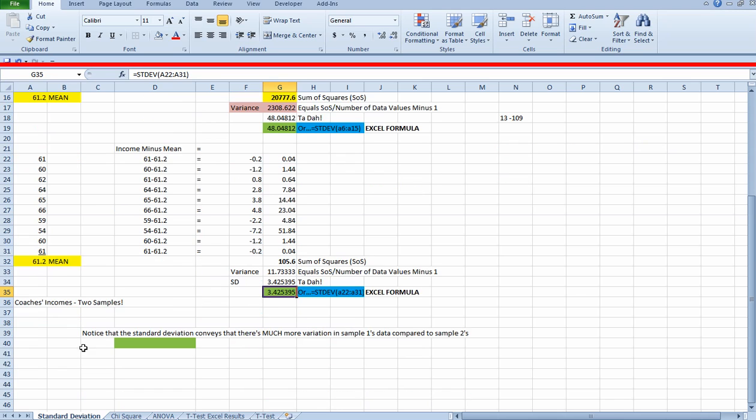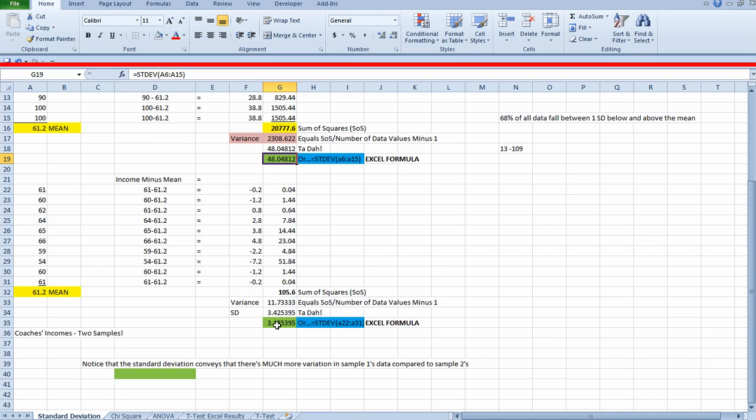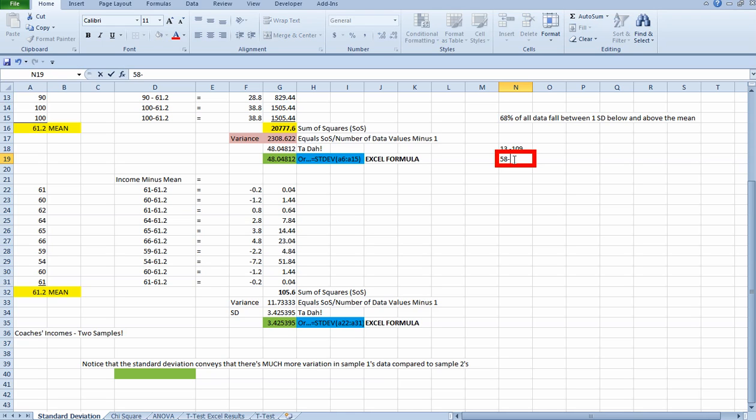Now, what's really important is that you notice how much smaller 3.42 is than 4.8. So you can see that in this case, 68% of the data will fall roughly between, let's say, 58 and 64.